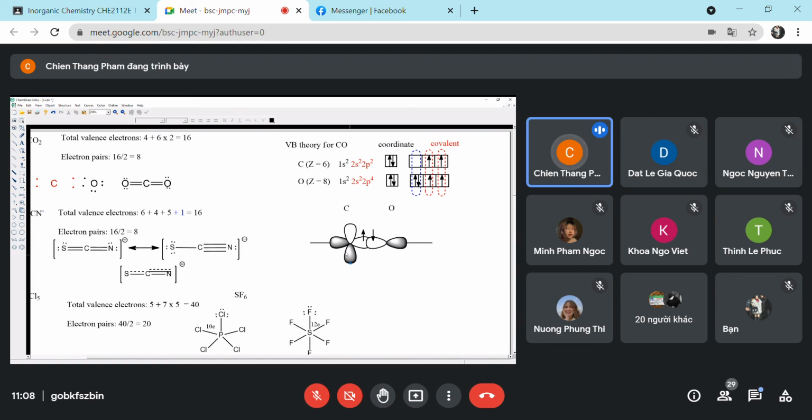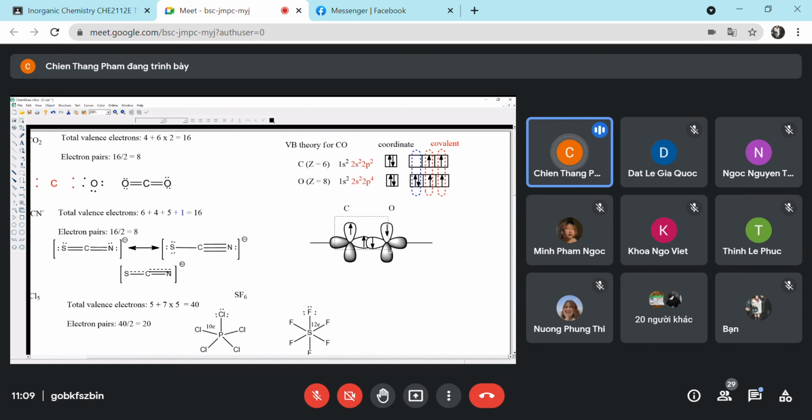Now the second p orbitals. Please understand what I'm drawing. This one is p orbitals. Let's keep it here, it's better. Now for oxygen, there's one unpaired electron here, and also for carbon there's another unpaired electron.